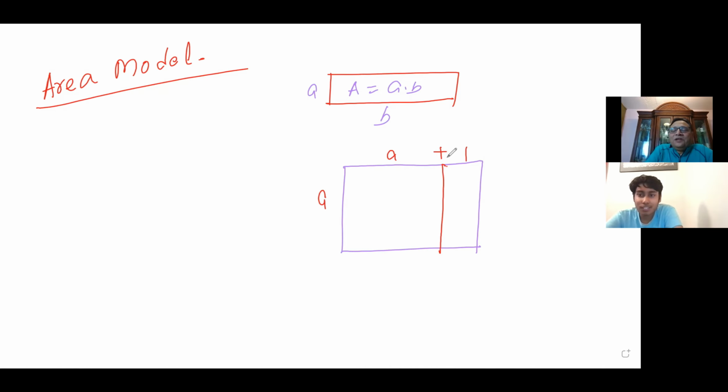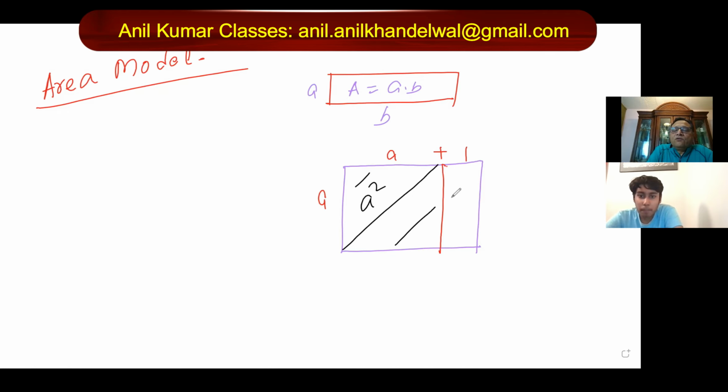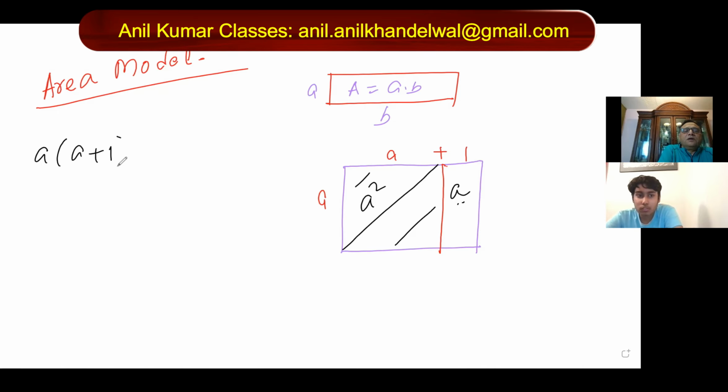Yes, sir. Now, tell me, what is the area of this portion? A times A would be a squared. A squared. And what is the area of this portion? A times 1 would be A. So what I've shown you here is that A times A plus 1 basically equals a squared plus a. Is that clear to you?